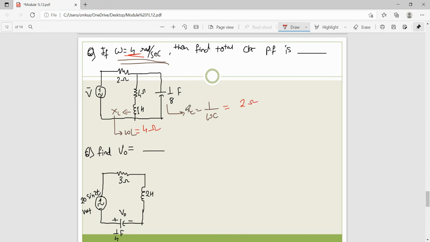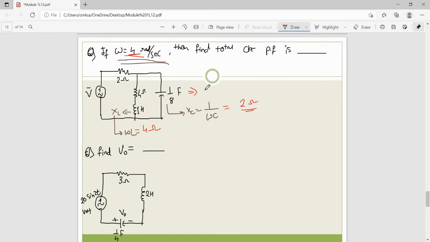Because 1 upon omega C, what is the value of C? 1 by 8, but omega is 4, so 4 into 1 by 8 is 1 by 2, so that is 2 ohm.